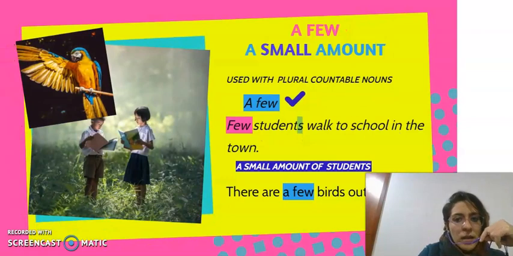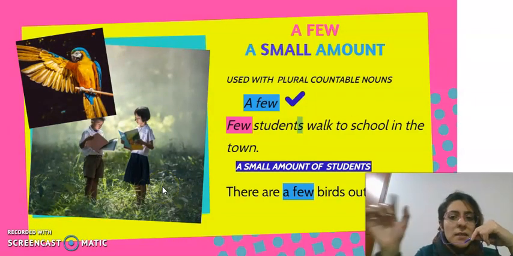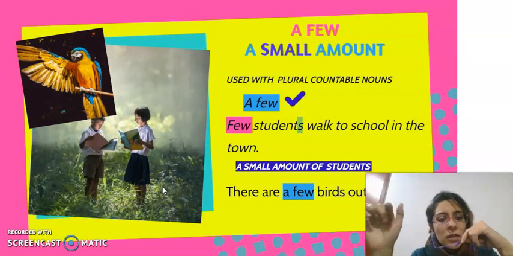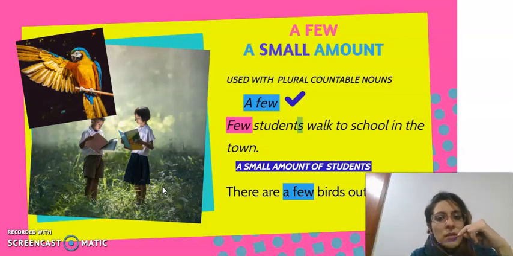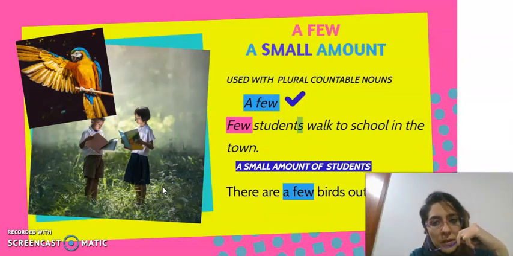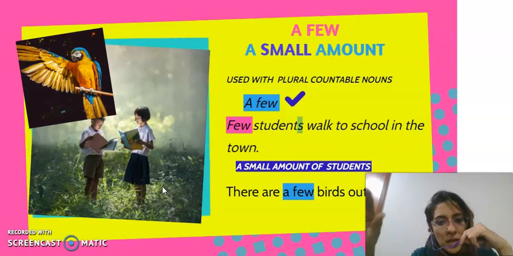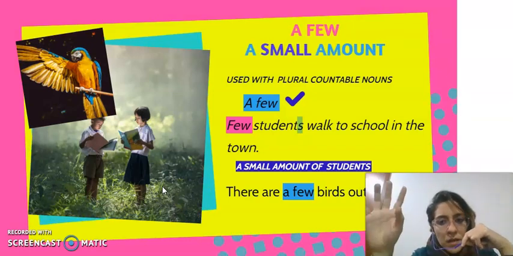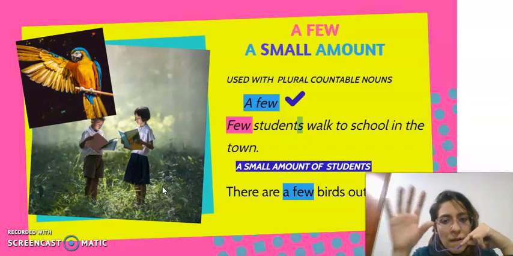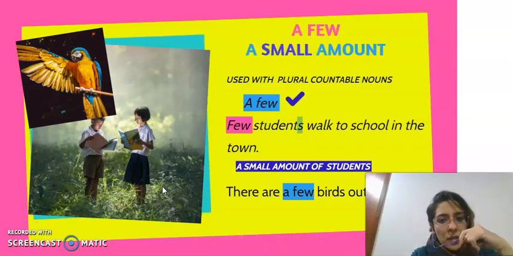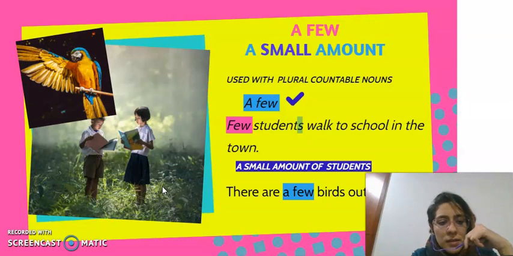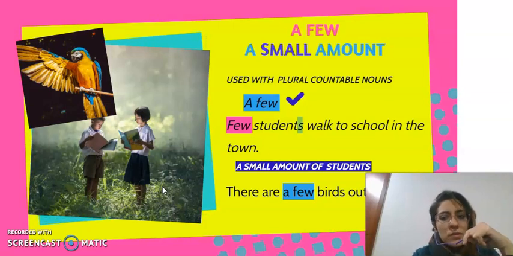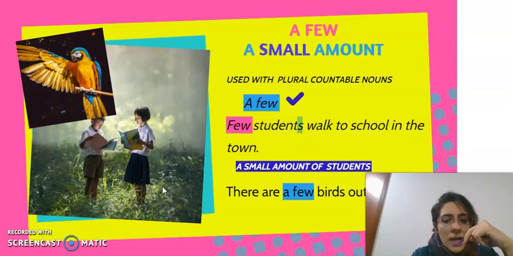A few. Okay, a few is a small amount of something, usually used with plural countable nouns. We have here two examples, few and a few. It depends on the feeling that you have about this countable noun. For example, few students walk to school in the town.